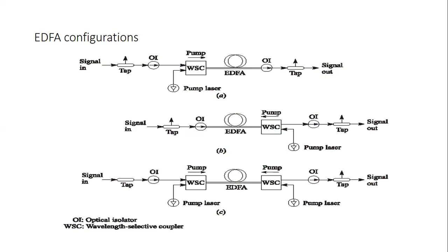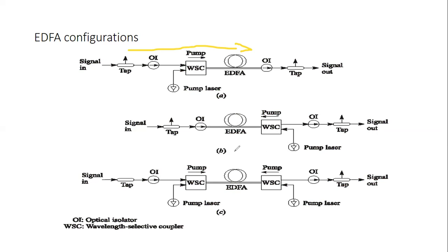In co-directional pumping, the pump light is injected from the same direction as the signal flow. Here you can see this is the direction of the signal, and the pump laser is injecting the light in the same direction. So this is co-directional pumping.